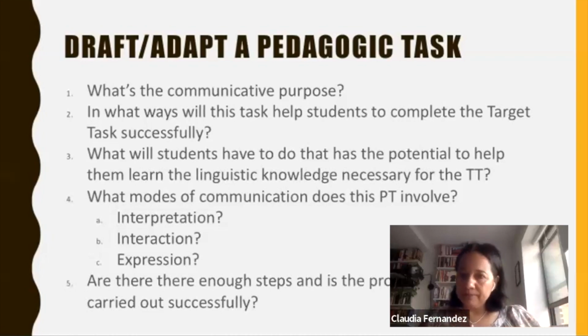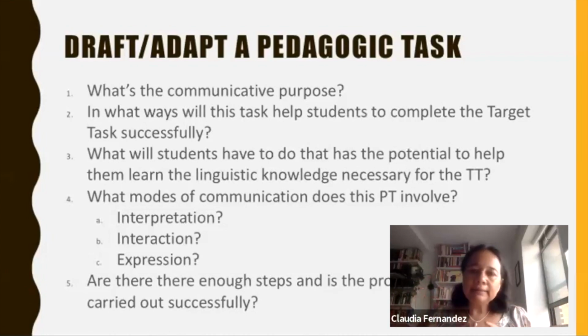Another one is, are there enough steps in the procedure, and is the procedure clear, to be carried out successfully? You don't want to rush a pedagogic task, because pedagogic tasks are essential aspects of the pedagogic unit. You want to take your time. You want to have several steps very well detailed and specified so students can follow. In my class, for example, I usually have only one pedagogic task per class time of 50 minutes, sometimes two.